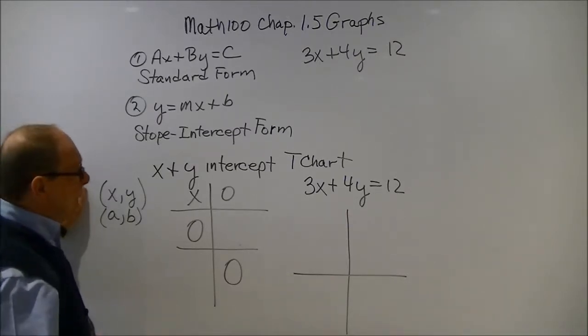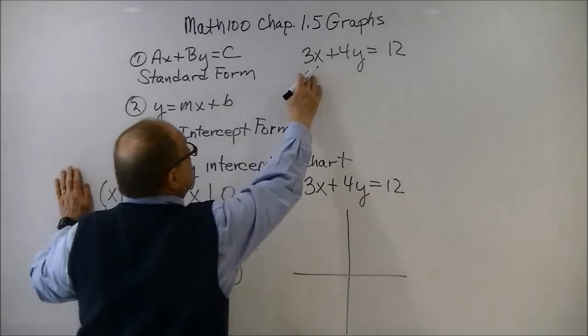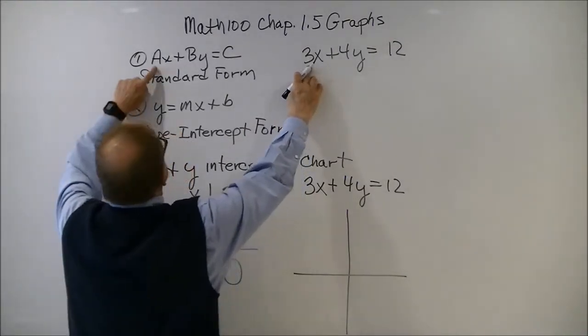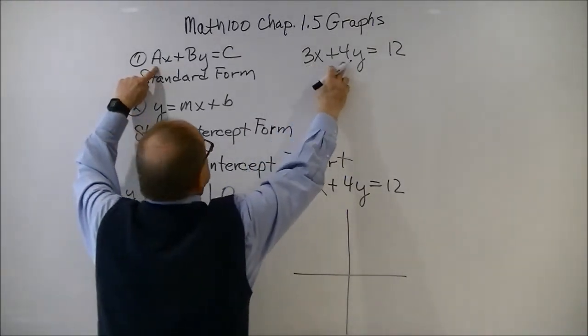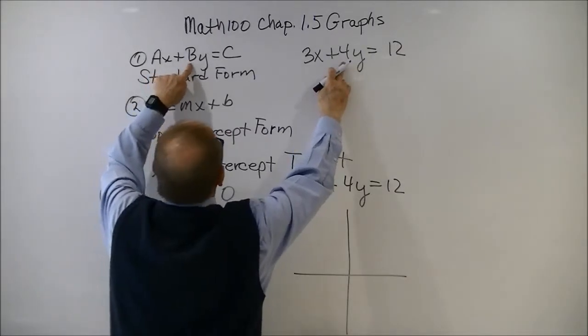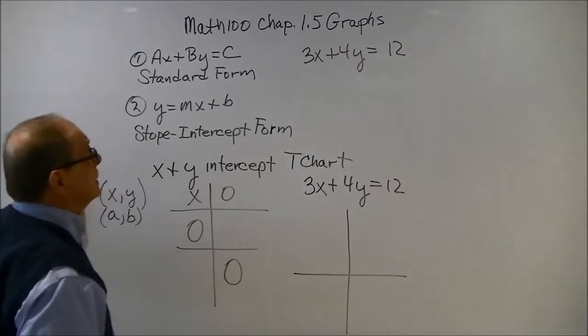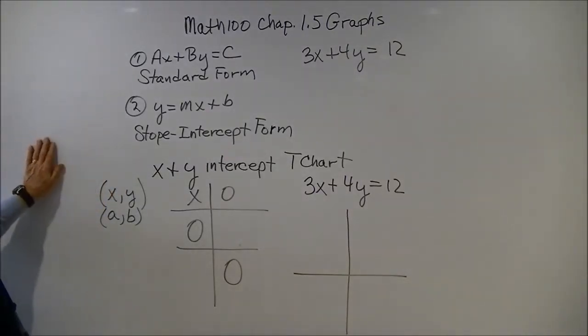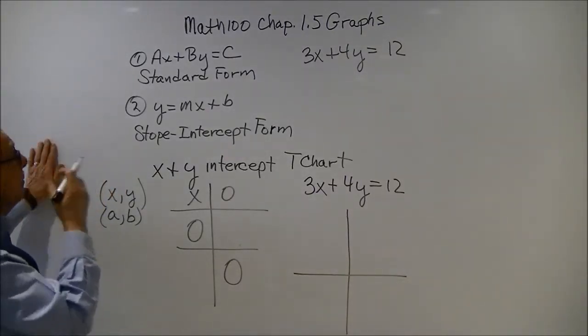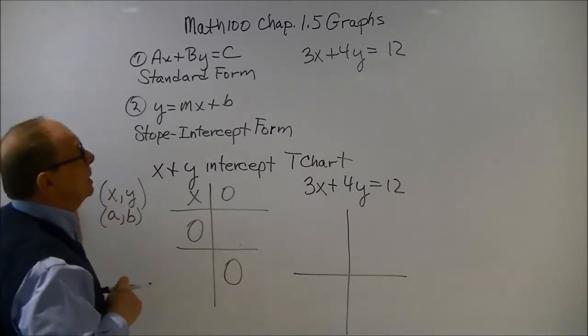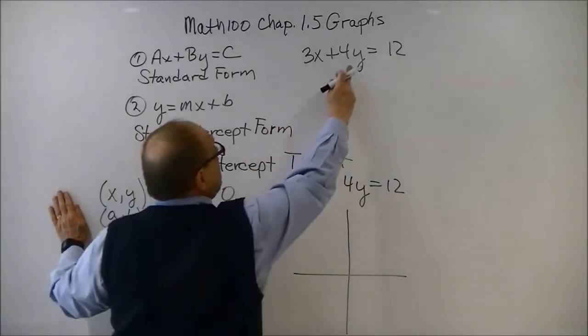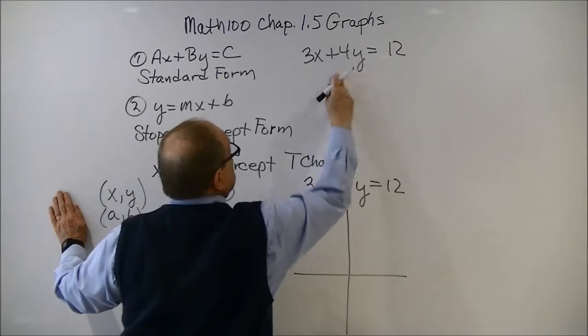If you see it in practice, it would look something like this, where 3 would be the A, 4 would be the B, and the C would be 12. So, standard form.